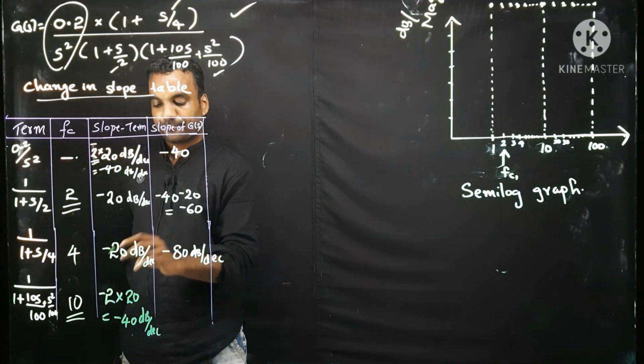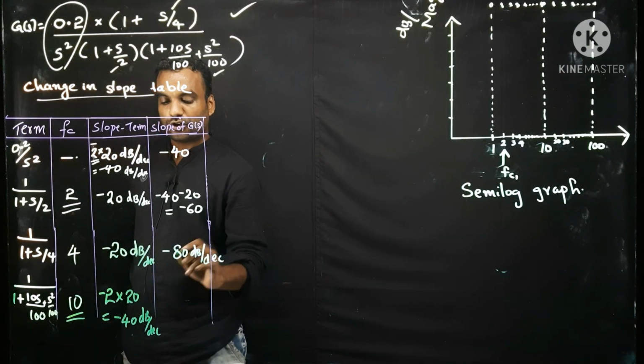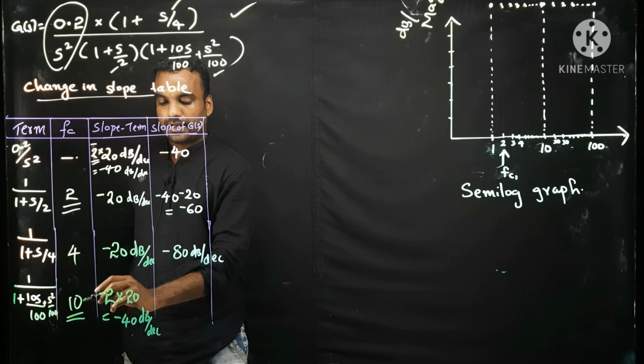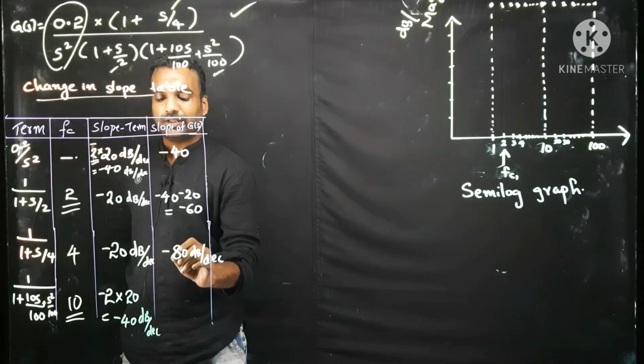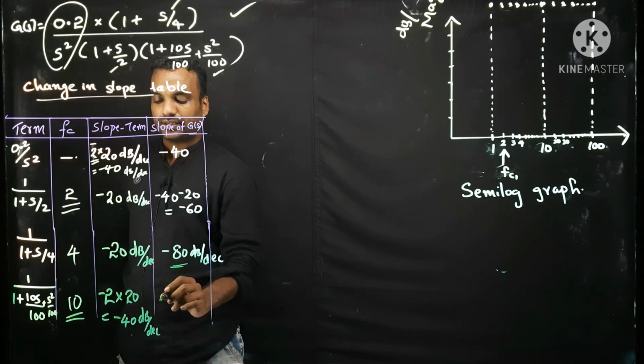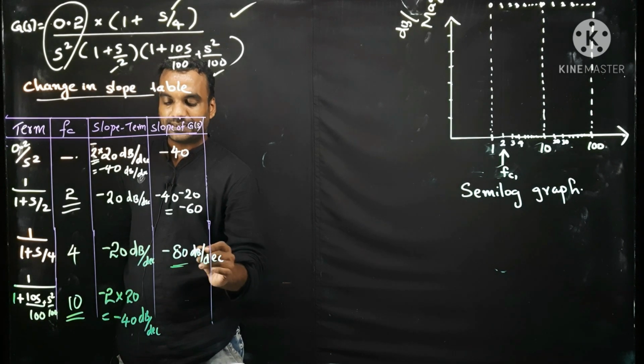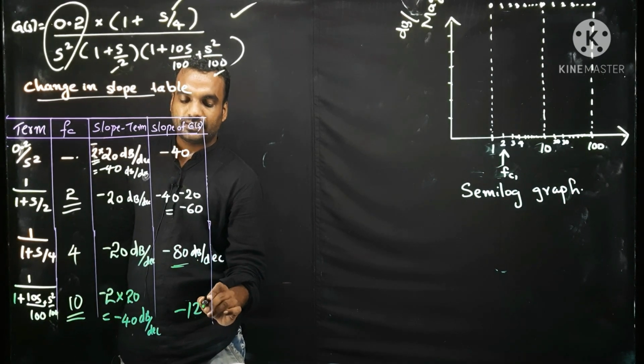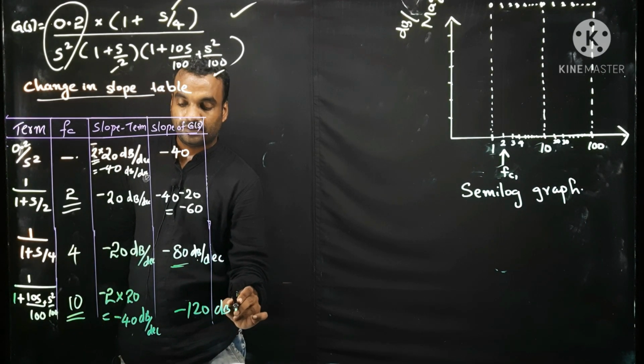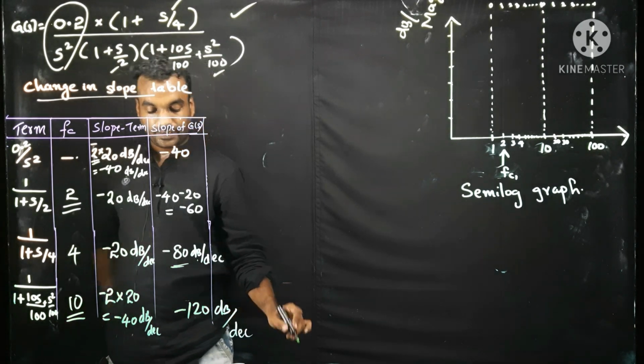So what will be the net slope? Up to 10 it will have minus 80, and after 10 its slope is modified as minus 80 minus 40, that is minus 120 dB per decade.